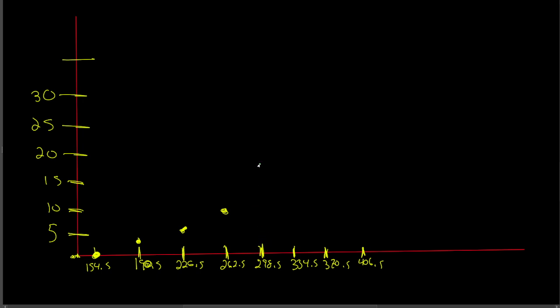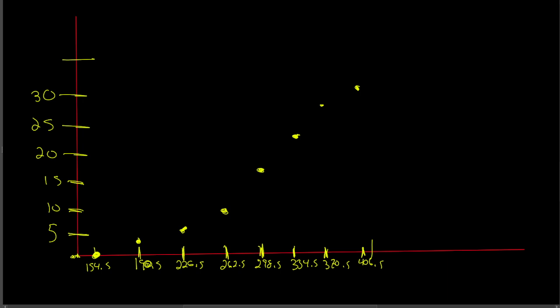And when we got to the end of the fifth class, we had 23. And when we got to the end of this class, we had 27. And when we get to the very end, when we're done with all our data, we got to 30.